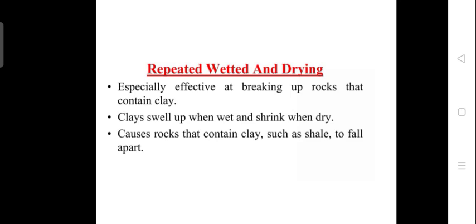This continuous action takes place throughout, and slowly the rock loses its capacity and it may slowly break down. It mainly acts upon rock containing clay, such as shale, because shale has a high clay content, and due to the frequent action of heat, temperature and water content on these rocks, it slowly breaks or falls apart.